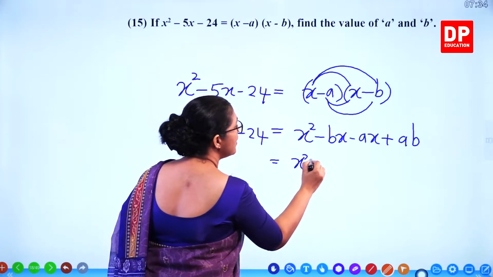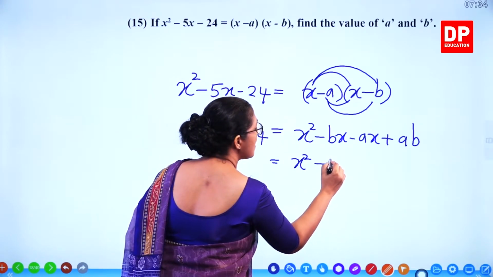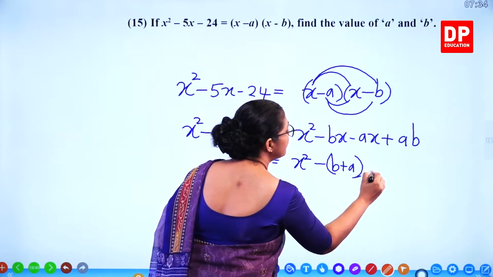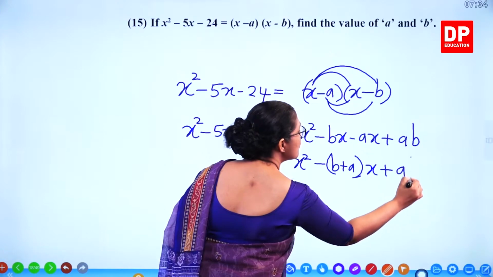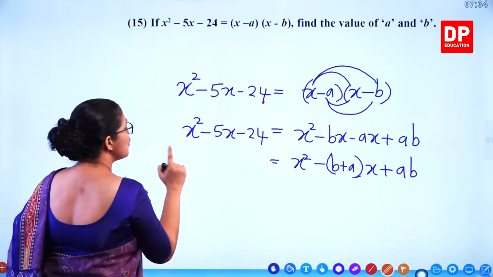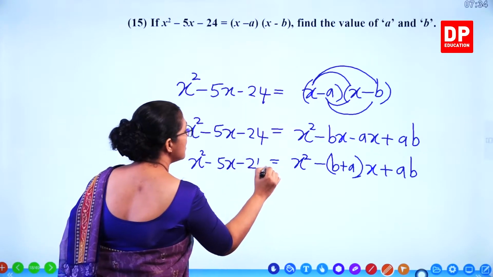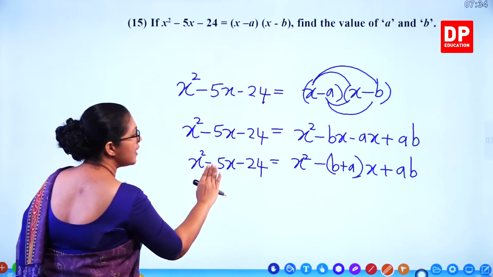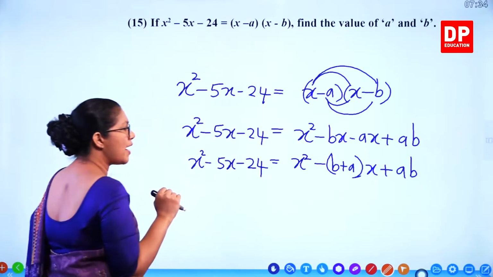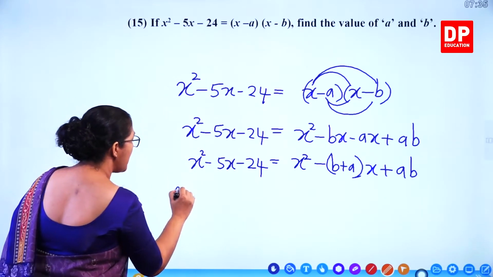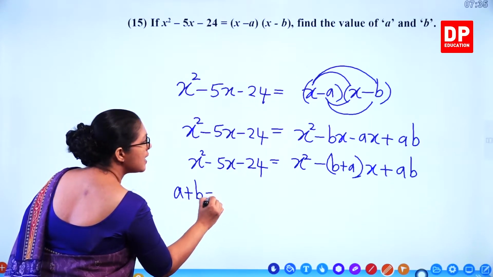X squared, here you can take minus out, (a plus b) x. So when you are comparing coefficients, what can you say about minus 5? Minus 5 is equal to this one, minus (a plus b). So minus you don't need to take, so you can write a plus b is 5.